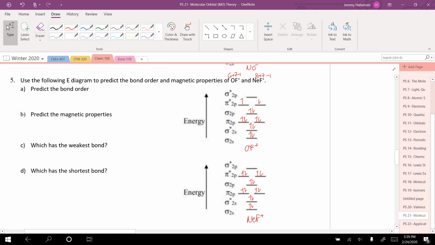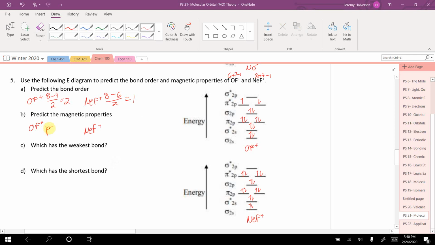All right, bond orders. We're going to have OF+ and NeF+. For OF+, bonding is 2, 4, 6, 8, minus 2, 4, over 2, gives me a bond order of 2. NeF+ is 2, 4, 6, 8 bonding minus 2, 4, 6 antibonding, divided by 2, gives me a bond order of 1.